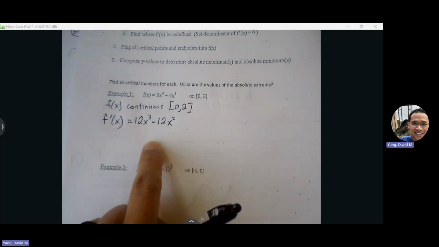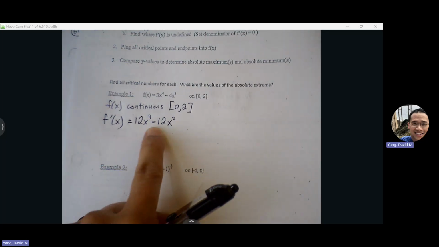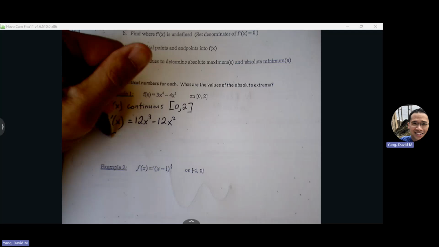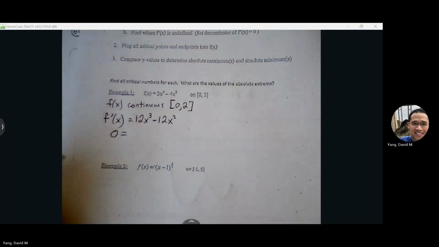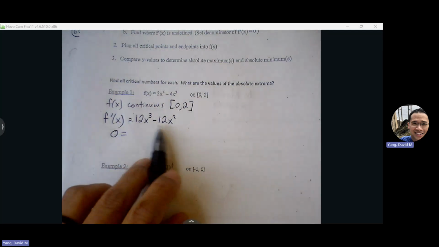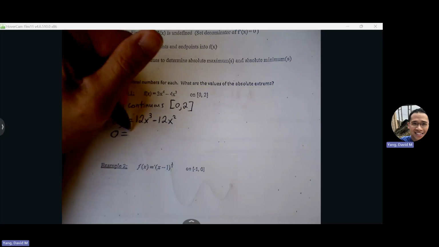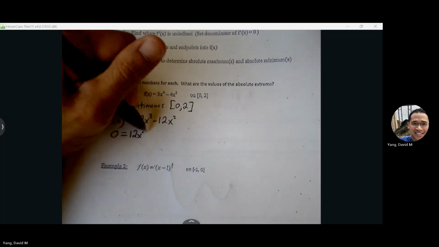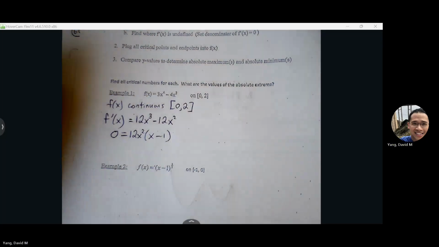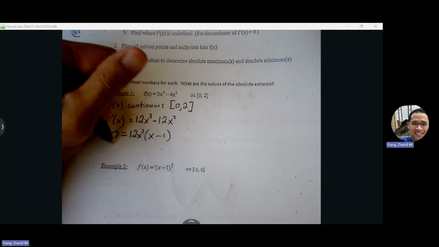And if there was a denominator, we would set that equal to 0. But here, there's only a numerator, so we only have to worry about setting the numerator equal to 0. And then just finding your critical points. So factor your GCF out. And then look for your critical points.